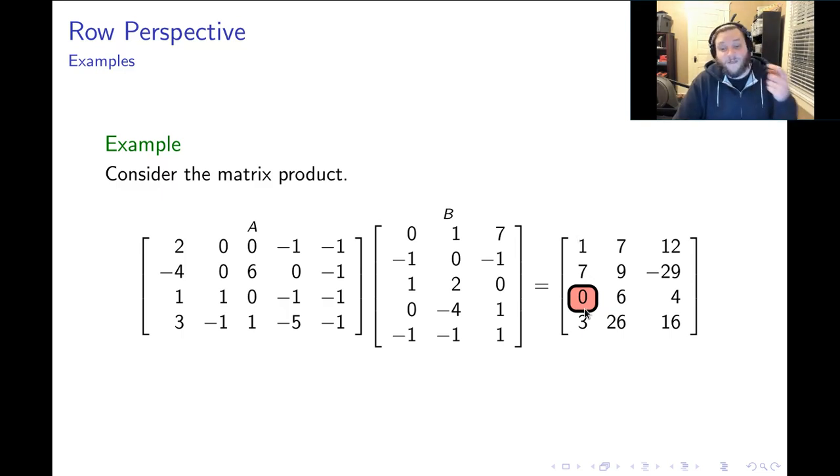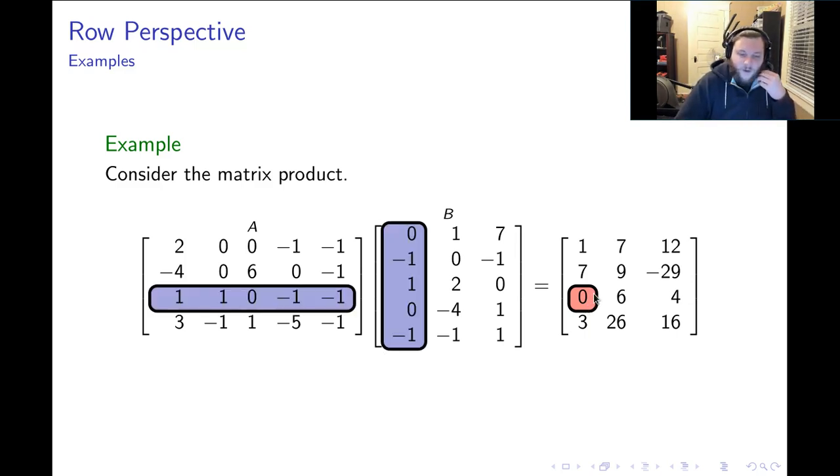What this tells me is that whichever inner product I used to get this number, the two vectors had to be orthogonal because their inner product was 0. And which two vectors did we take an inner product of to produce this 0? Well, the third row of A with the first column of B. So since someone is just handing us this product, we can look at this 0 and automatically know that the third row of A had to be orthogonal to the first column of B.